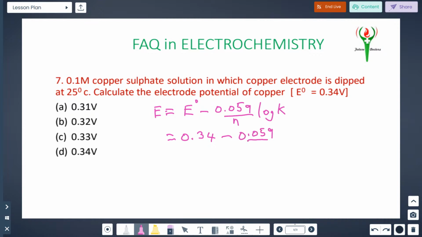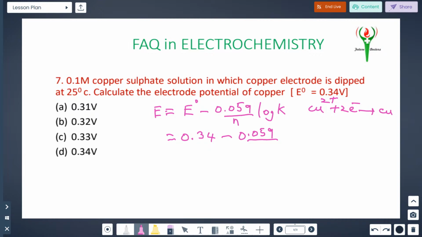0.059 by n. Our aim is to find only copper. No, in copper sulphate solution, copper in the form of, you must know the equation. So Cu2+ plus 2 electrons becomes what? Cu. Understood? Like this.